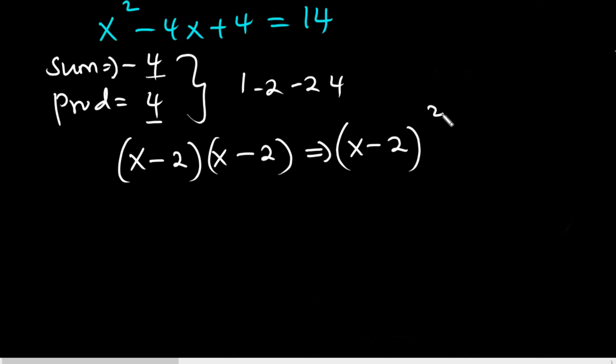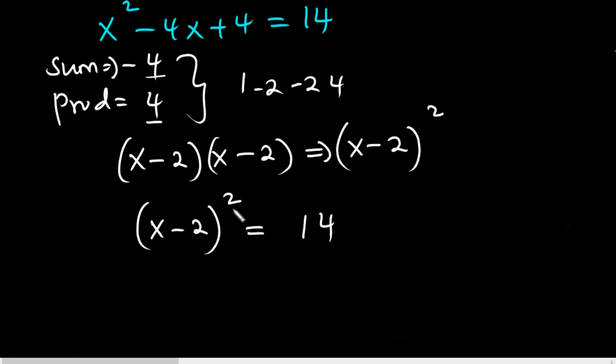Now, on the left-hand side of the equation we are going to have x minus 2 squared is equal to 14. Now I want us to get the square root of both sides so that we can get rid of this square.